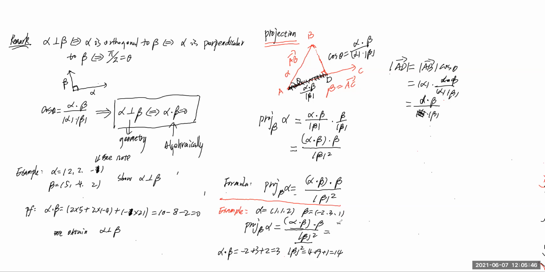We get 3 times beta over the number. And then you simplify it, you get 14, -6, right? And no, 9. Hence, the projection of alpha onto beta is (-6/14, 9/14, 3/14). Is it clear?